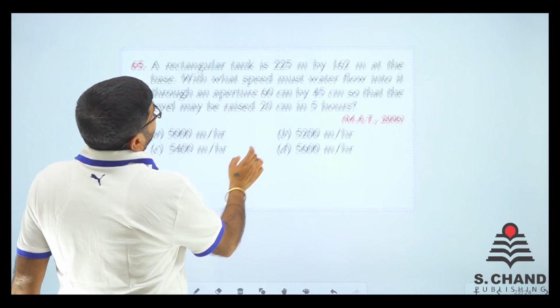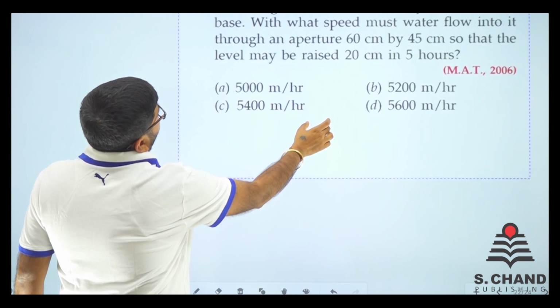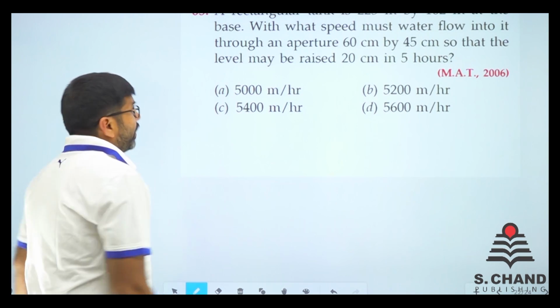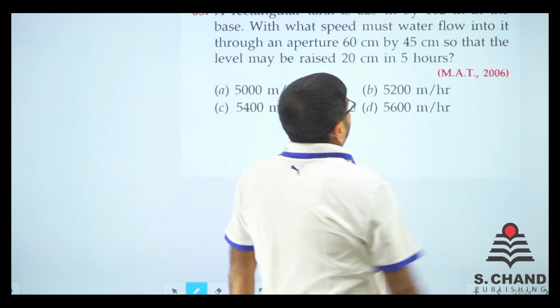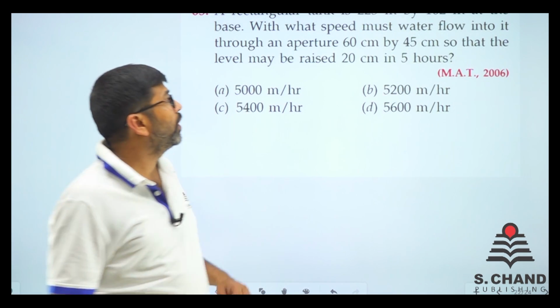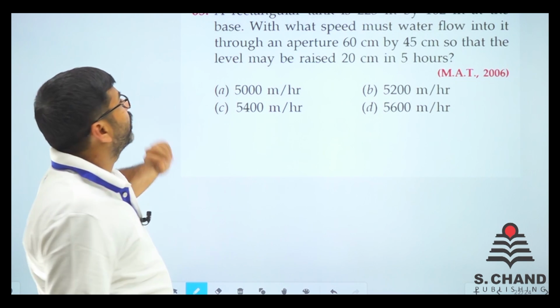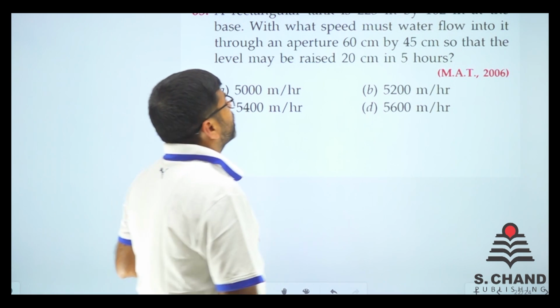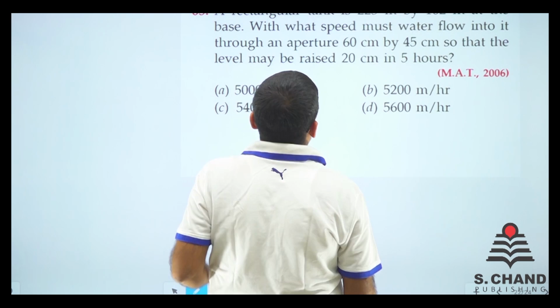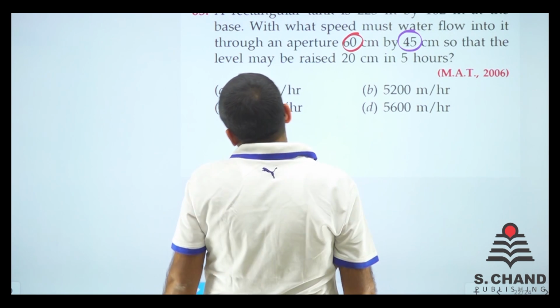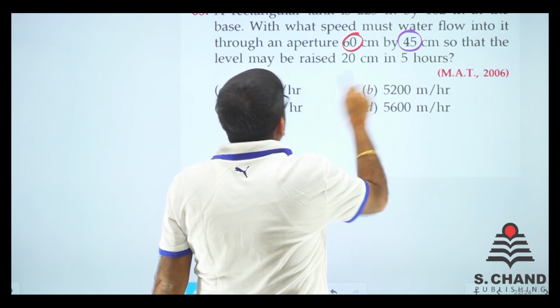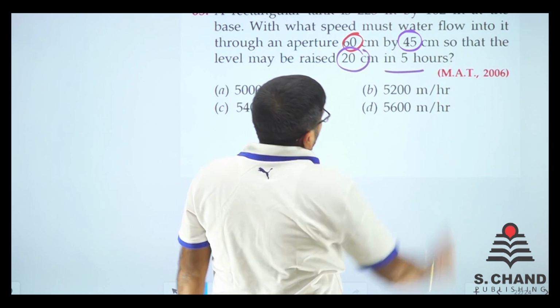65. See here, there is a rectangular tank is 225 meter by 162 meter. That is the base. At the base, yes, it is the base. With what speed water must be flowing into it through an aperture of 60 centimeter, 45 centimeter, so that the level may be raised to 20 centimeter in 5 hours, right?